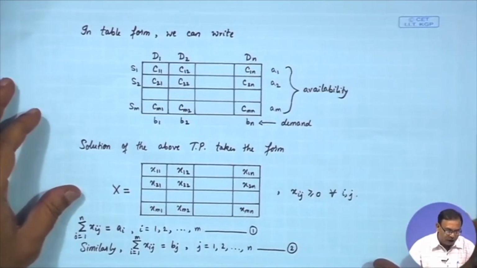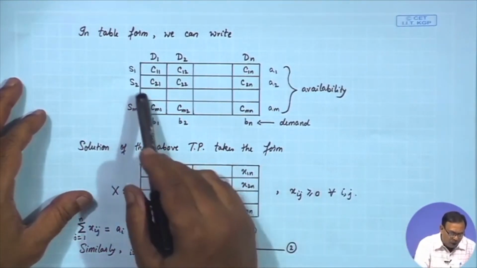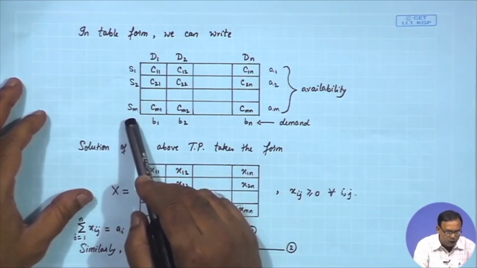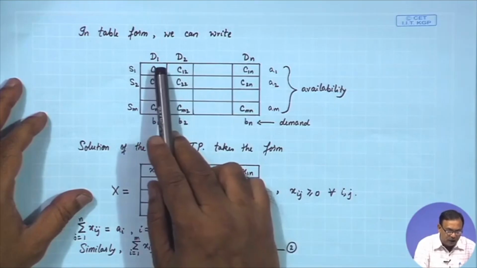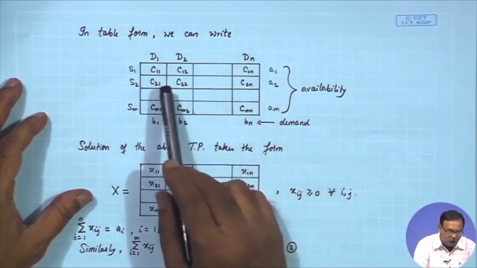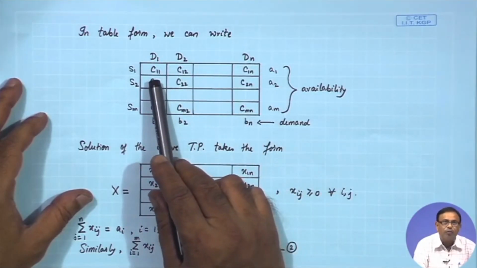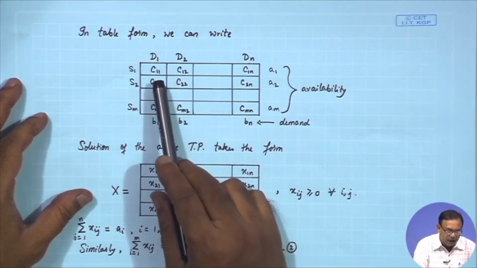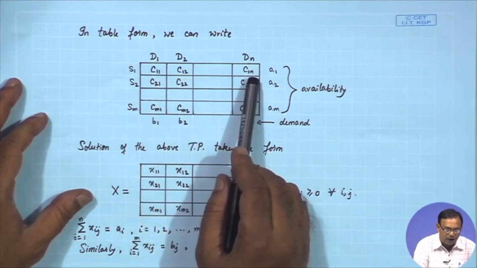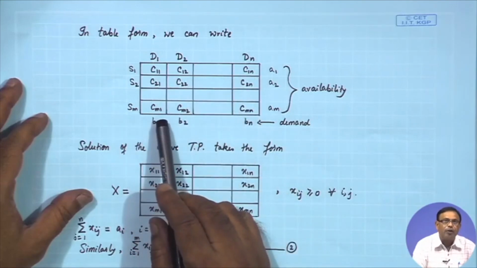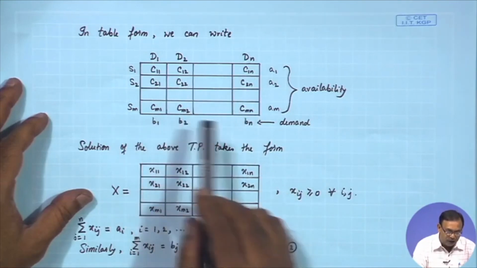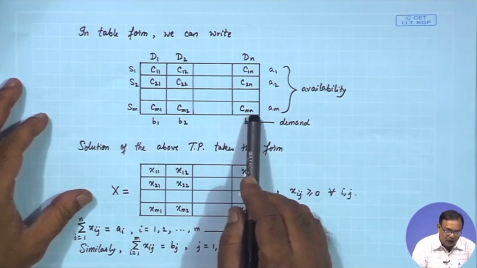Or in other sense, we can write it in tabular form. We have m sources S1 to Sm, and n destinations D1 to Dn. The costs associated with them can be written as C11, C12, up to C1n in the first row, and in the mth row it will be Cm1, Cm2, up to Cmn.